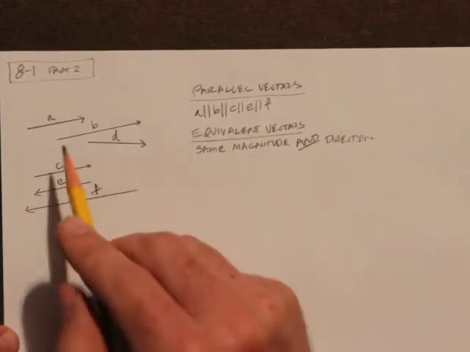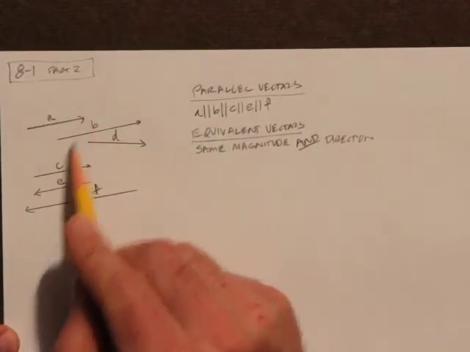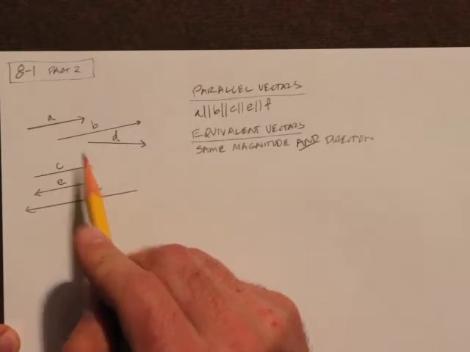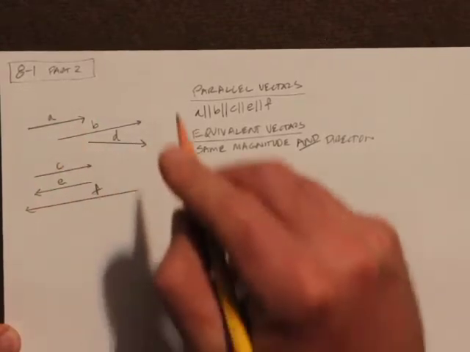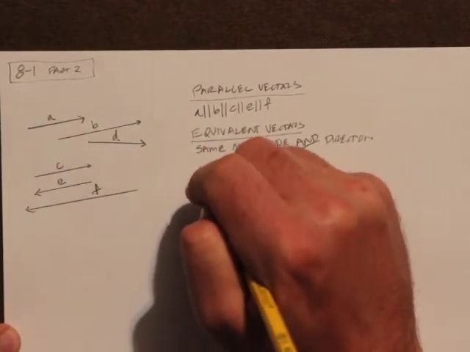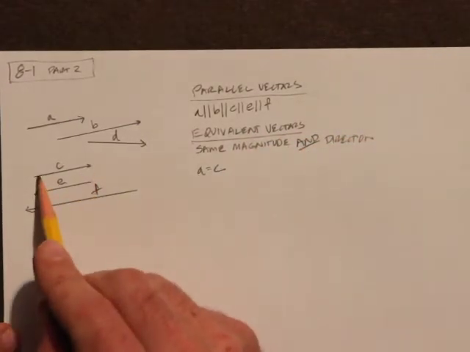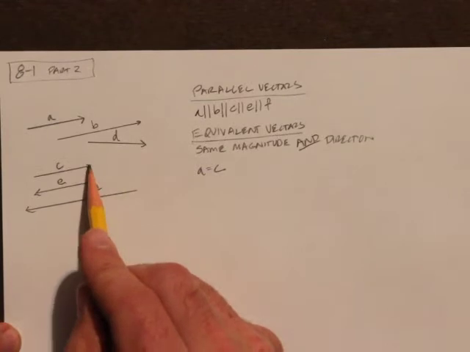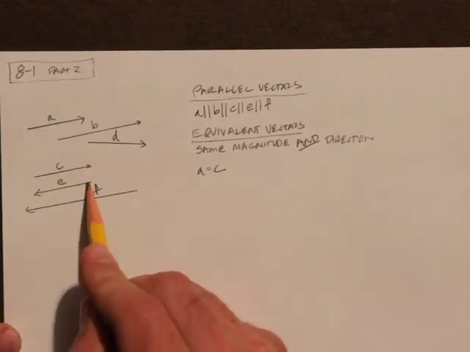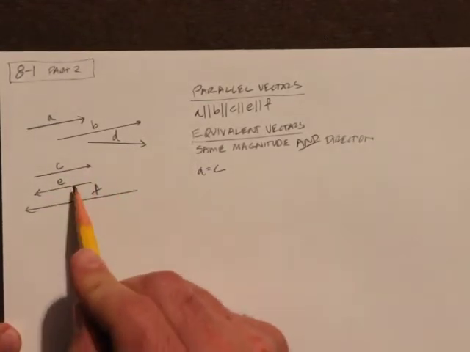So I've got A and C, they have the same magnitude and they're going the same direction. So A equals C. Now let's look at these other ones here. C and E have the same magnitude, they're both 1 inch, but they don't have the same direction.